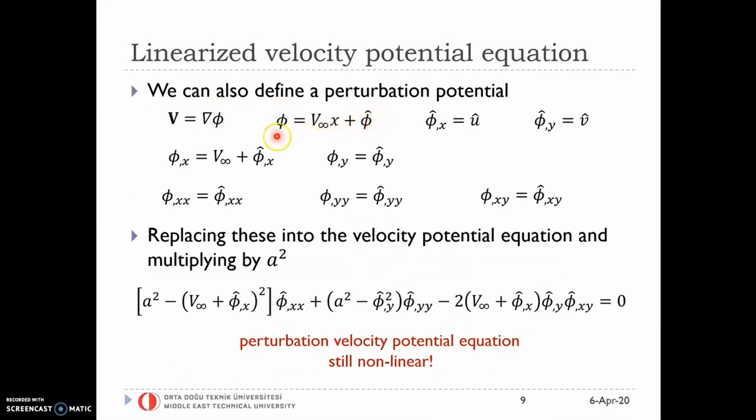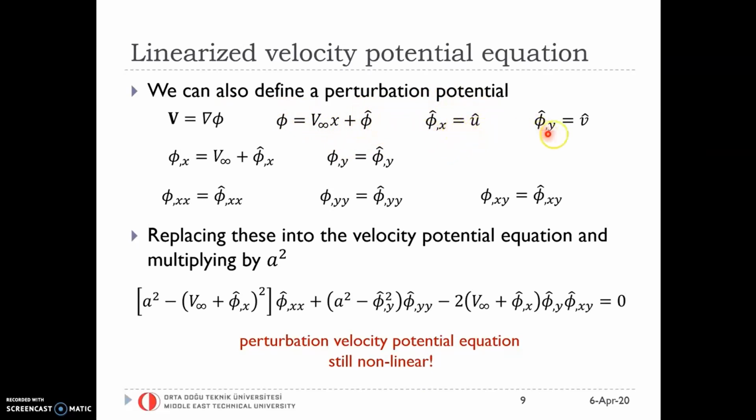So when you take the derivative of this phi with respect to x, you will end up with, of course, v infinity plus the derivative of this perturbation potential with respect to x, and in that case this has to be u hat, the perturbation velocity.